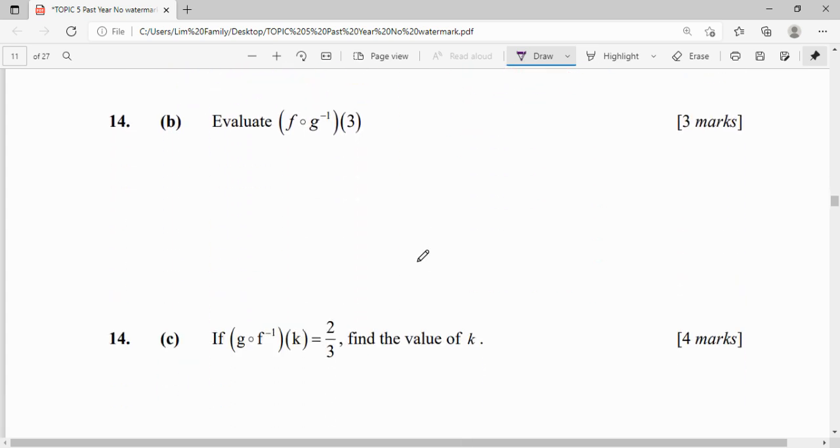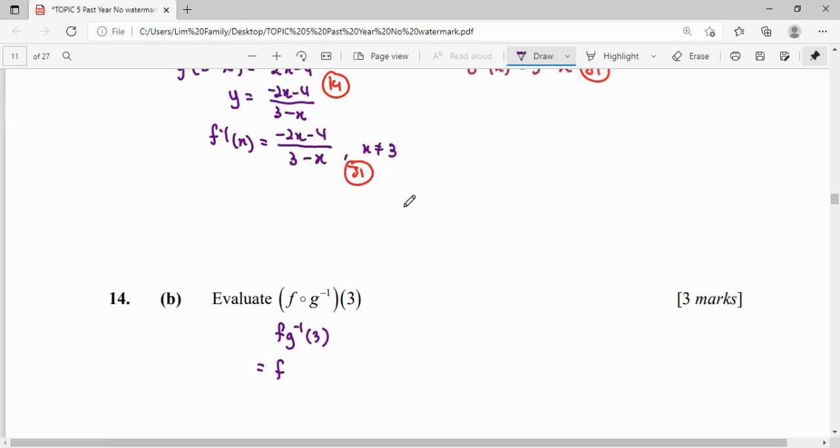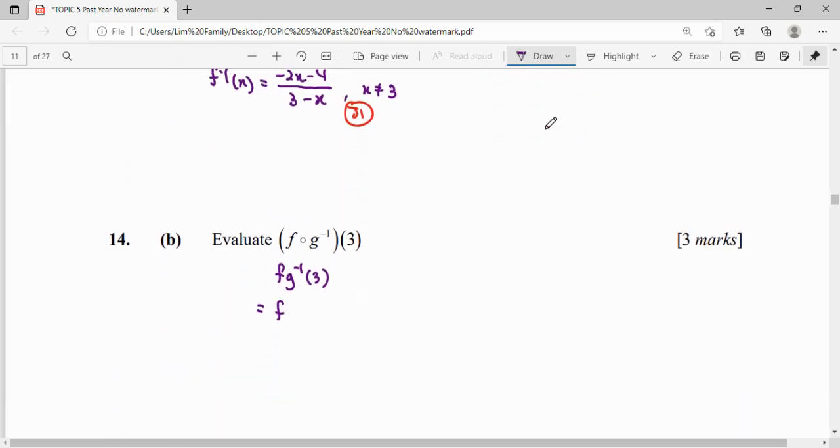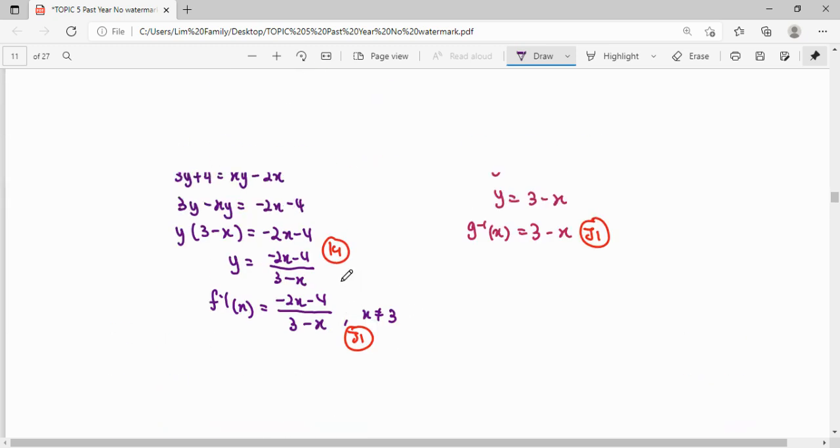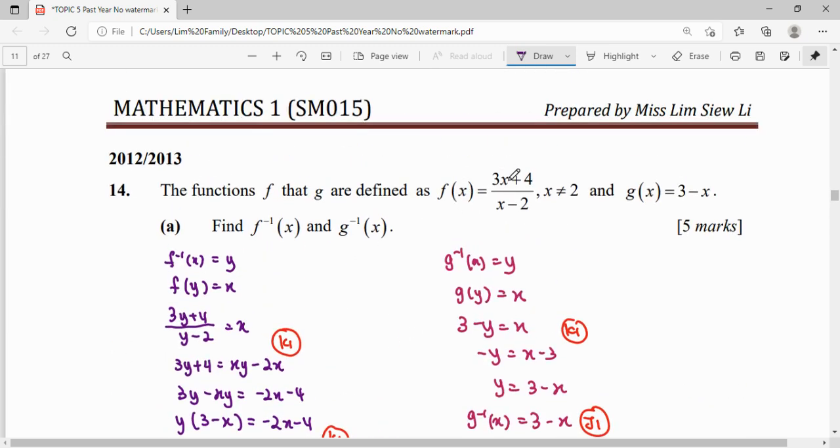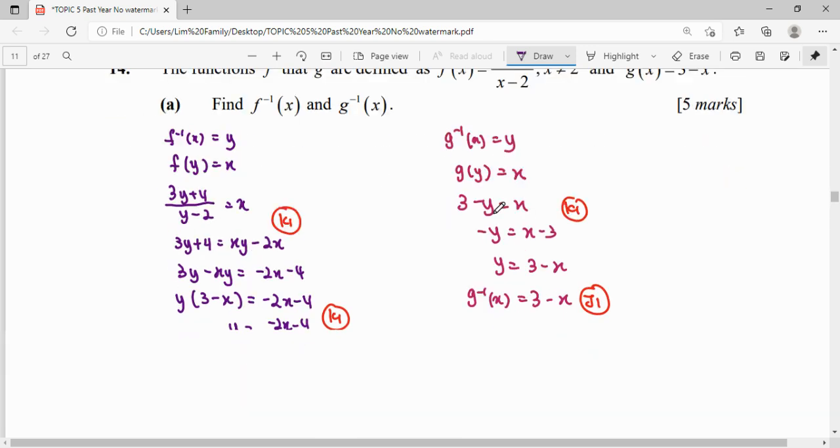It asks us to evaluate our composite function f g inverse of 3. So we will substitute the value of 3 into our g inverse here. It will be 3 minus 3, which becomes 0. Then we substitute 0 into our function f(x) here, so it will be 0 plus 4 over 0 minus 2.